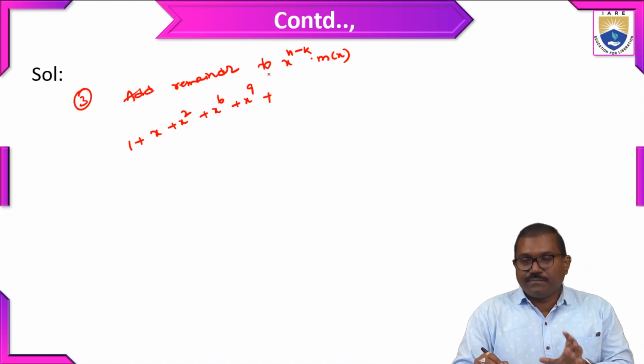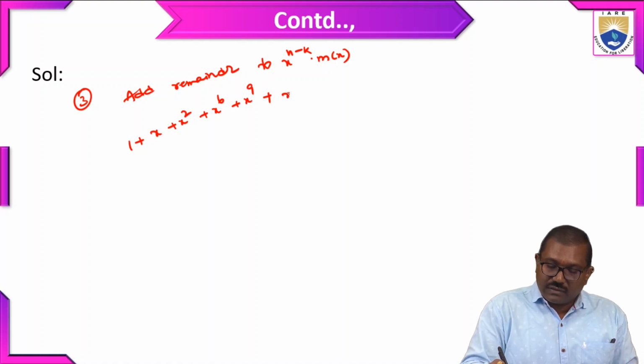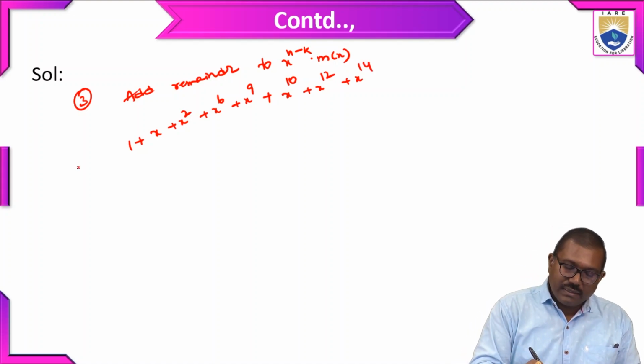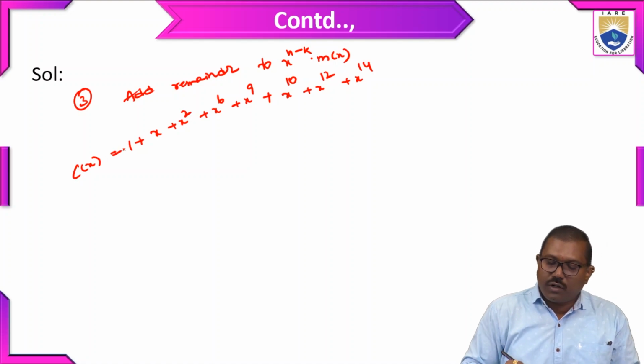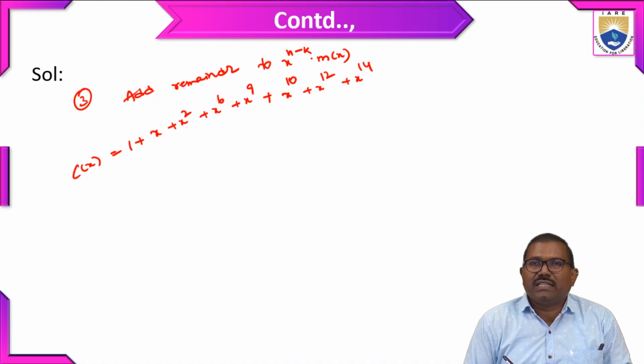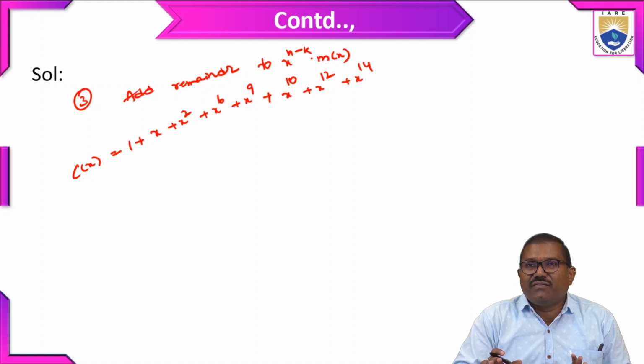This is my remainder. Now x power n minus k into m of x: x power 10, x power 12, x power 14. So this is my C of x, code polynomial: 1 plus x square plus x power 6 plus x power 9 plus x power 10 plus x power 12 plus x power 14. So this is my C of x.